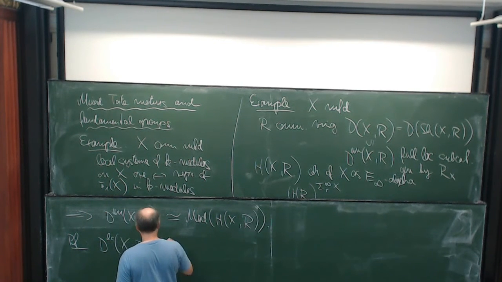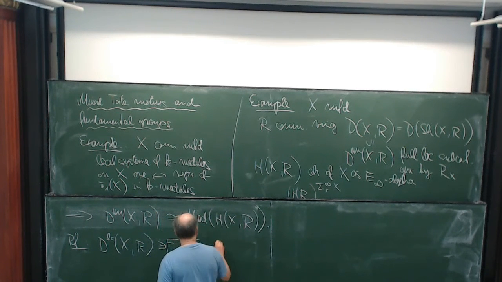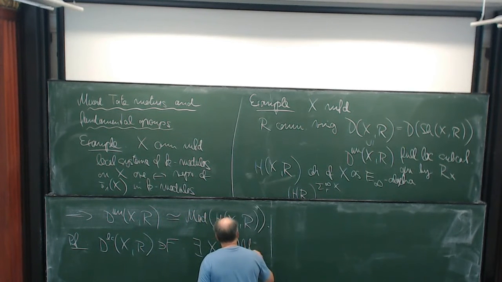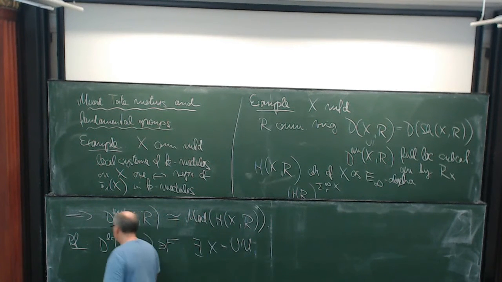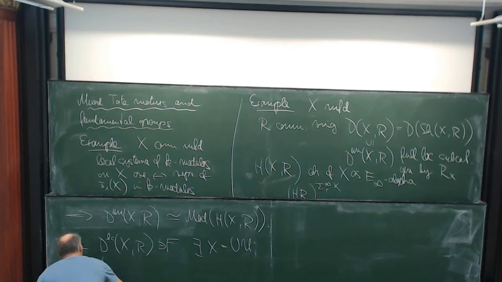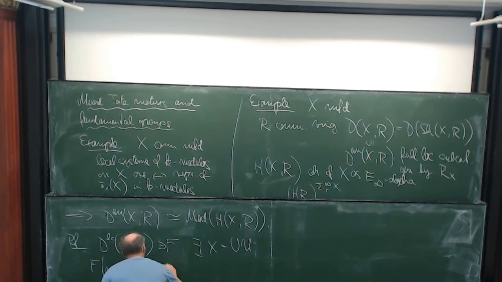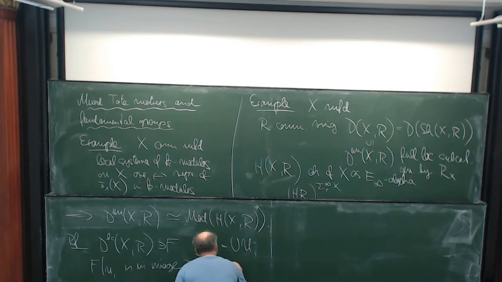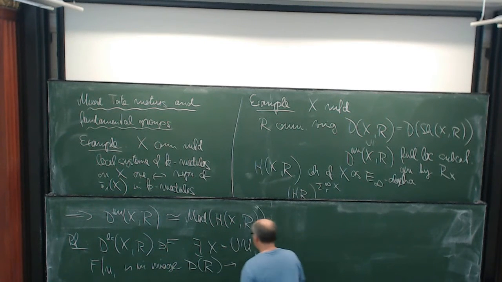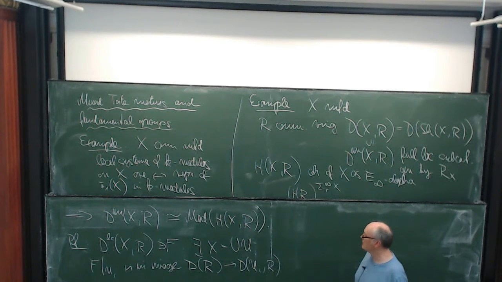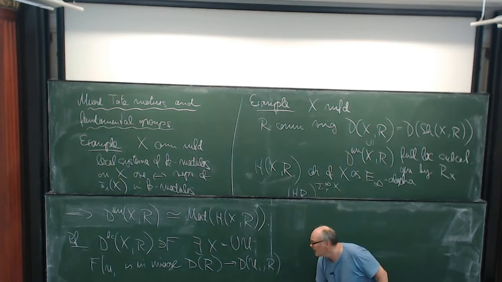Meaning, if we have an F in here, then there should exist a cover of X by opens U_i such that the restrictions F restricted to U_i are in the image of the canonical functor from the derived category of R to the sheaf category of U_i. So this means that in a derived sense, this F is locally given by a constant object.